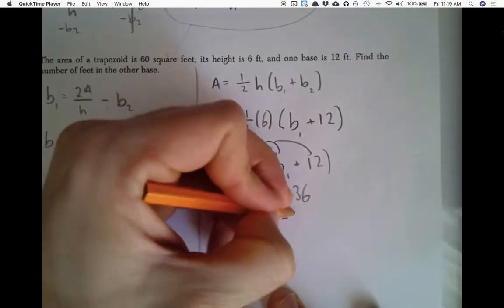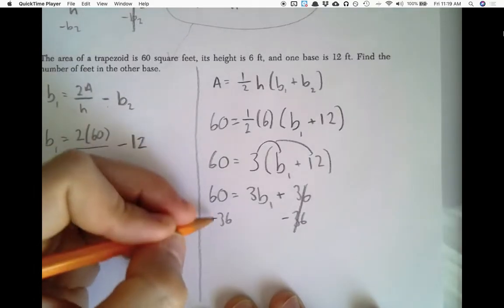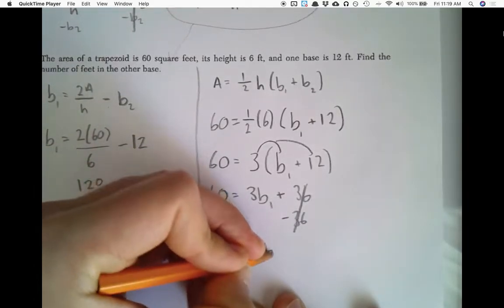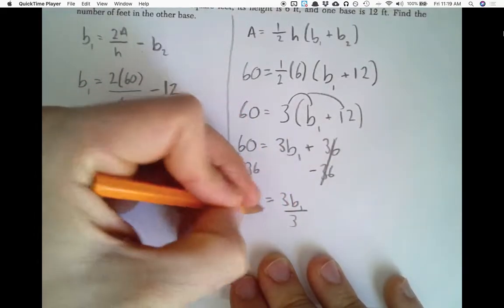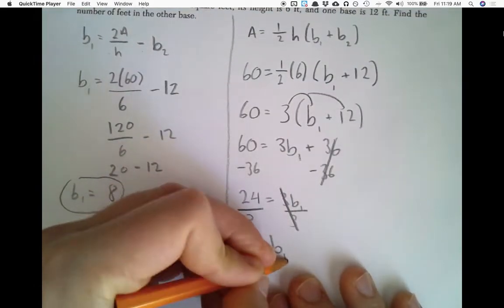I can minus 36 from both sides to keep getting the B1 by itself. 60 minus 36 should be 24. And once I divide 24 by 3, you should still get that same answer. 24 divided by 3 is 8.